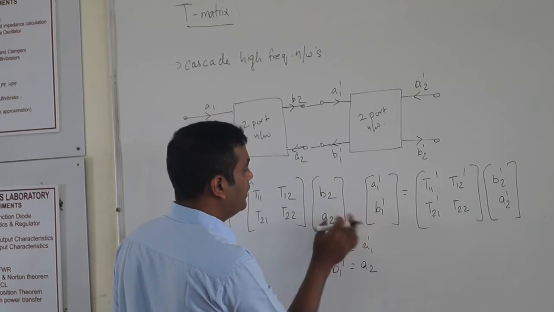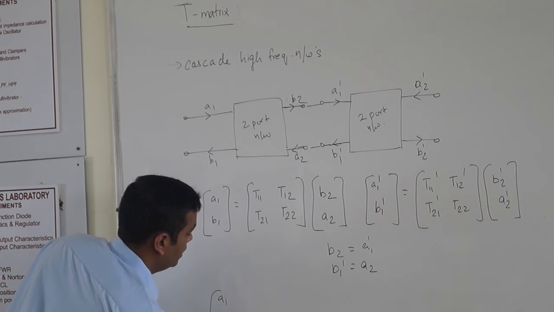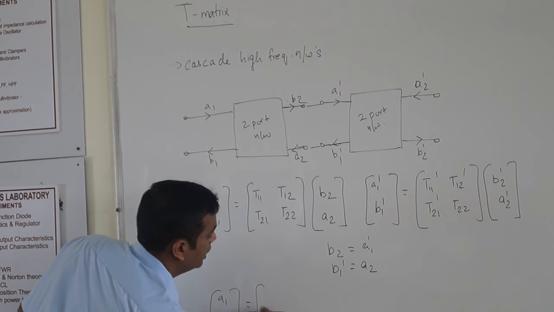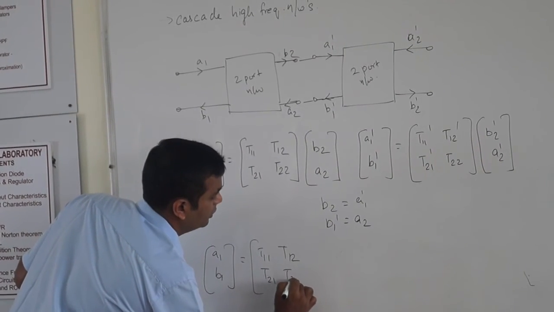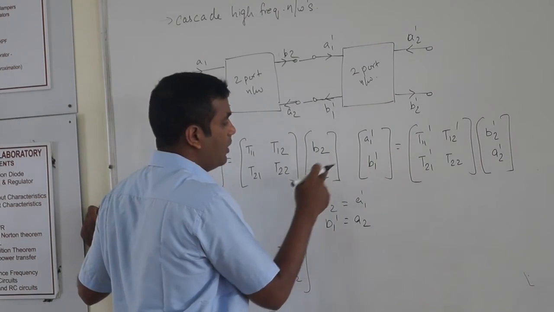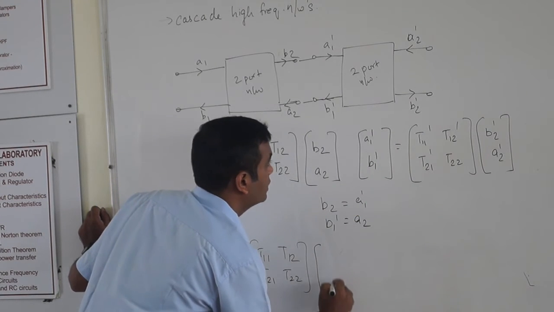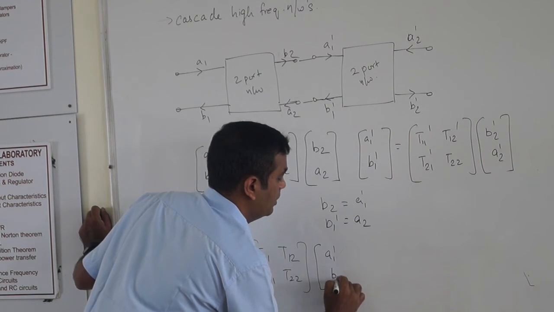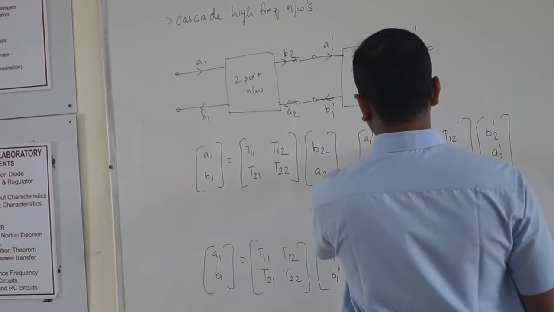Now if you compare these two equations, I can rewrite this equation as A1, B1 equals T11, T12, T21, T22 times, now what is B2? B2 is equal to A1 dash. What is A2? A2 is equal to B1 dash. So I can write this as A1 dash, B1 dash. Now what is A1 dash, B1 dash? We have it here.